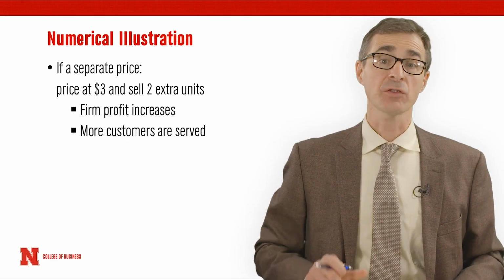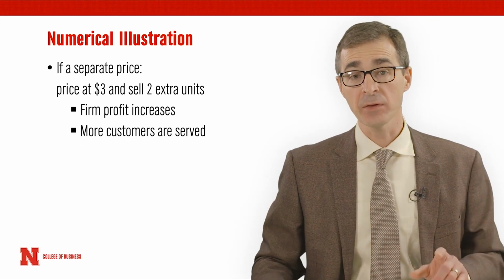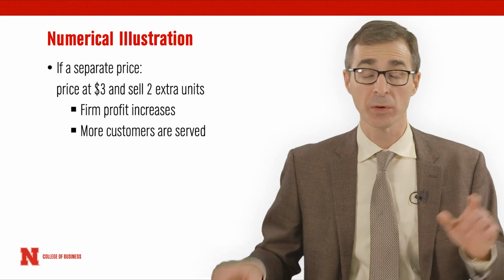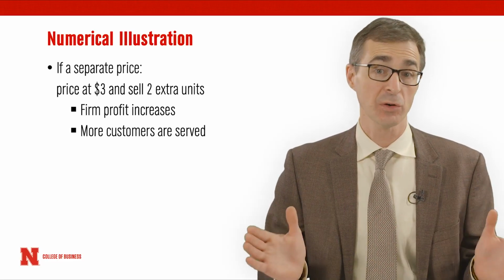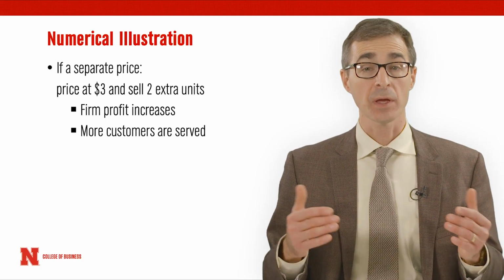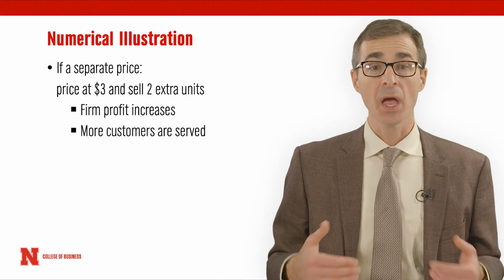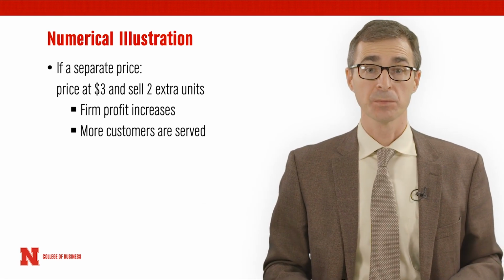Price discrimination is the strategy that allows for that. If the movie theater sets a second price for students in the low value group of $3, they'll sell 2 additional units. They increase their profitability and more customers benefit from being served.